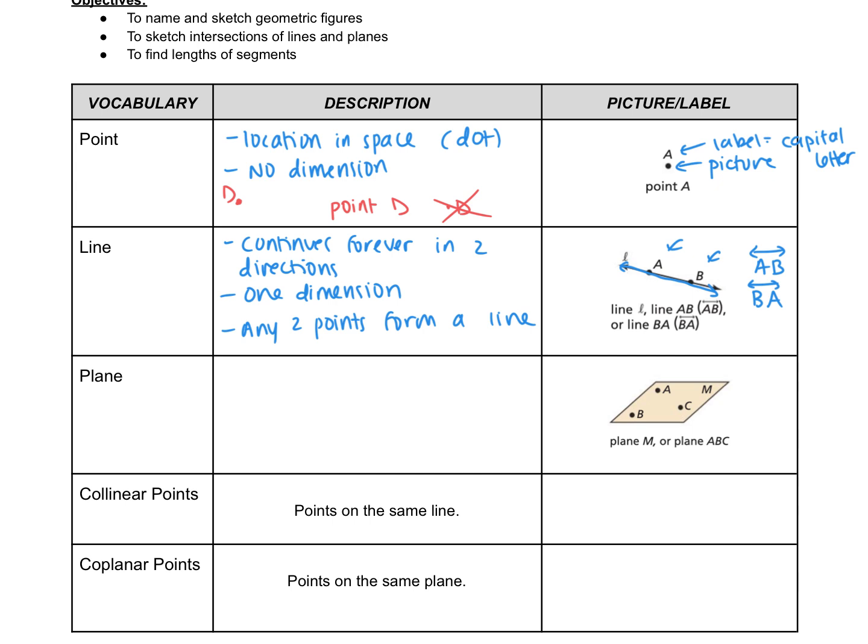The other one is you can use a lowercase letter and the word line. So those are really the most common. I would say what I wrote in blue is the most common. Choosing any 2 points on that line. You can write out the word line. So there's a whole bunch of different ways.